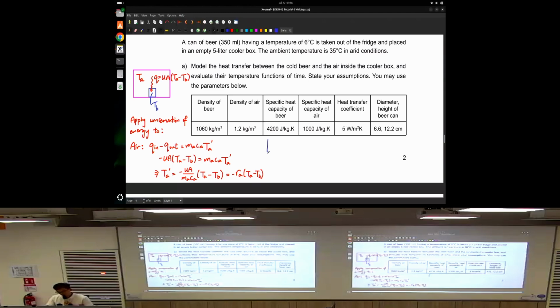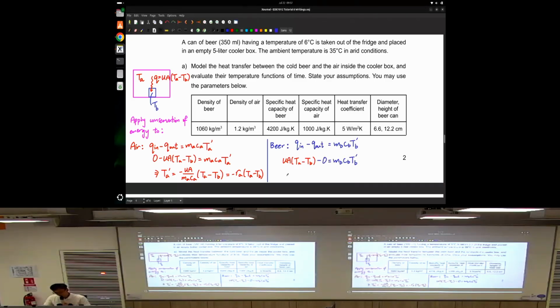Okay? So now if you apply the conservation of energy to the beer, then you're going to get the same thing: Q in minus Q out equals MB CB TB prime. But because your Q in is this UA (TA minus TB), because the heat transfer is from the air to the beer, Q out here is 0.